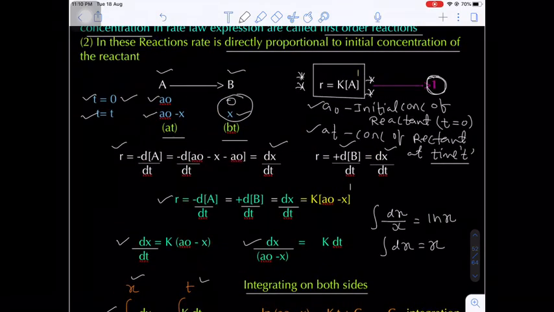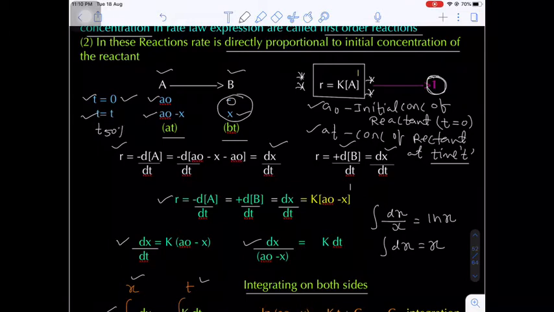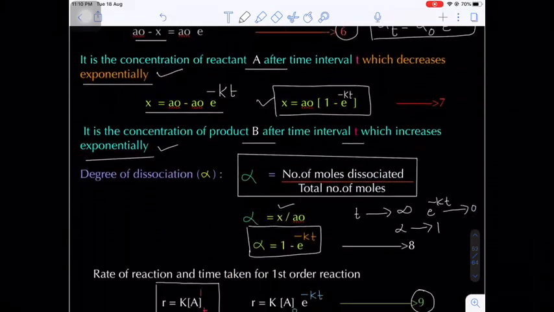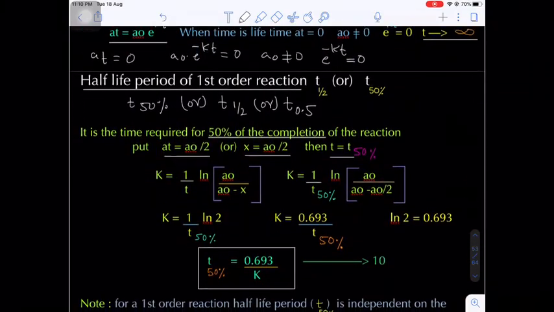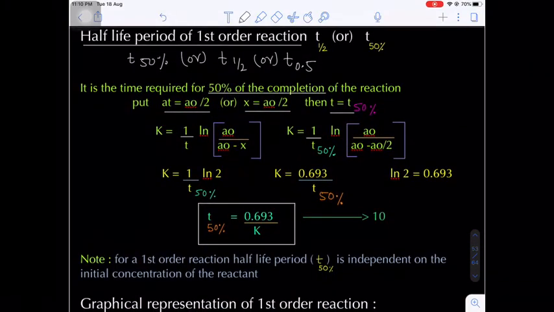If the time interval is T 50%, whatever concentration of reactant reacts will be 50% of the initial. That means the X value should be equal to A naught by 2. So the remaining value will be A naught minus A naught by 2, that is A naught by 2. This is the definition of half-life period. Once again, it is the time required for 50% completion of a reaction.